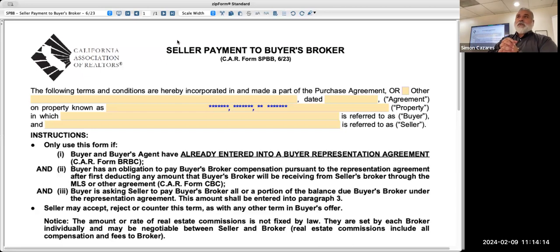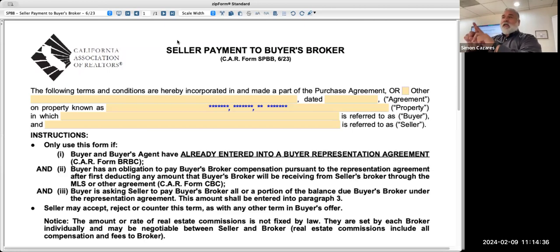Okay. Now, let's do it in reverse. Let's say that you put 3% that the buyer's agent is going to pay you. But on the MLS the seller is only going to pay you a 2%. Now the discrepancy that we have is 1%, right?